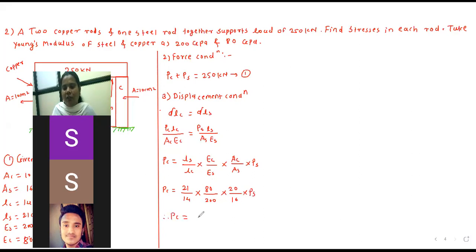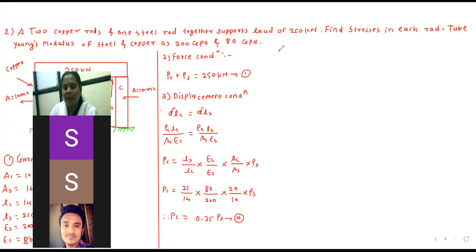Therefore, PC is equal to how much times PS? 0.75. Yes. Okay, suppose this is our equation A.